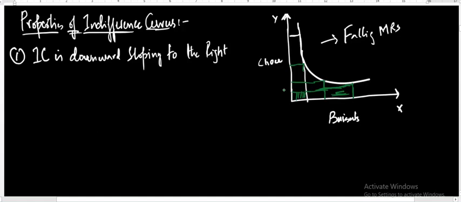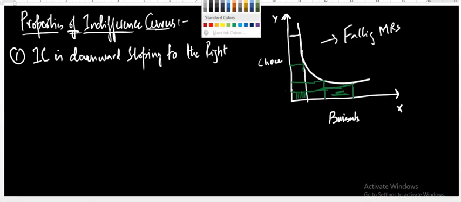So this is the reason why the MRS is falling, and this is the reason why the indifference curve slopes downwards to the right.